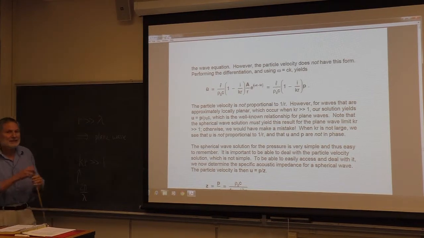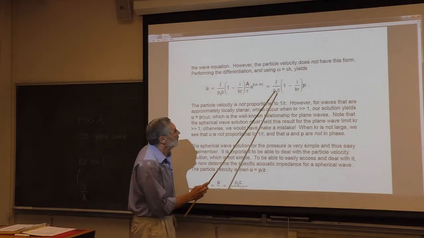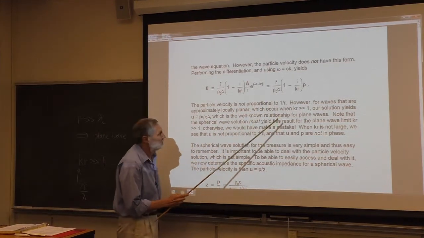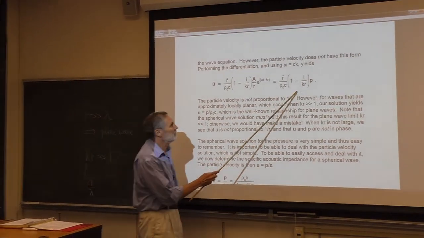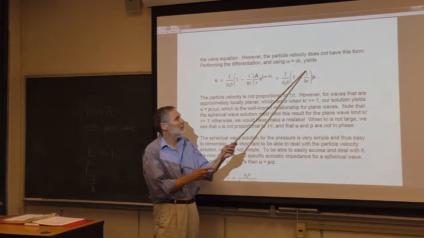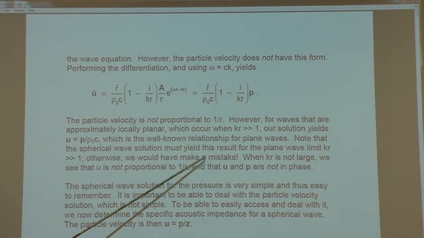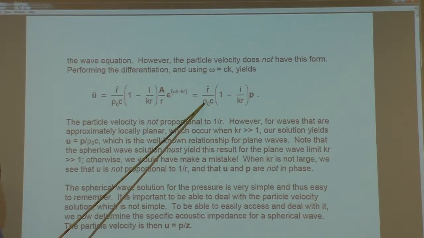We know in that case that locally we're going to have a plane wave. And we know what the relationship between the particle velocity and the pressure should be. So do we get that? When kr is large, what happens to this term? We neglect it, and we get U is equal to P over ρ0c.